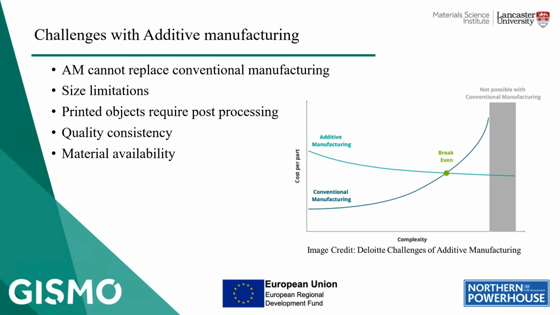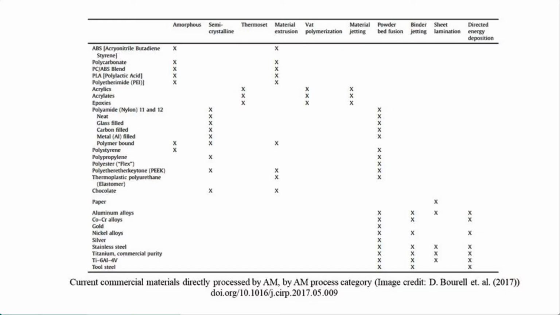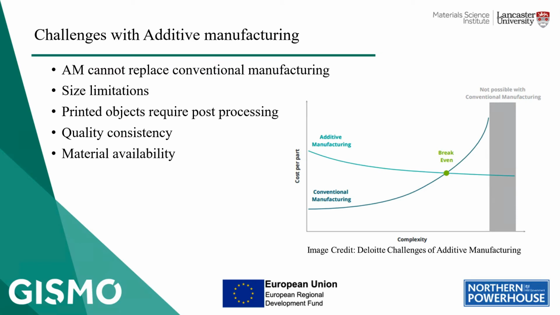And finally, material availability. 3D printing technology can be used for a wide variety of materials, including metals, ceramic, polymers, and composite. However, there are also limitations, as only a relatively small range of materials are suitable for such a procedure. So now I'm going to hand over to my colleague Tom Abram, Senior Engineer at Lancaster University, to show you our capabilities at Lancaster University.